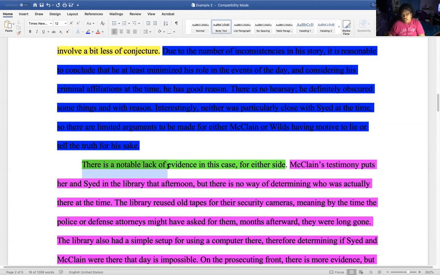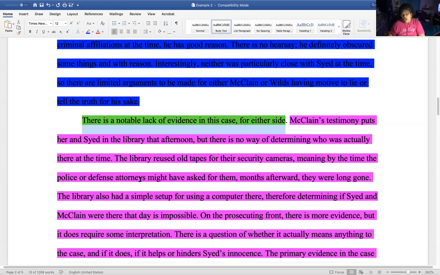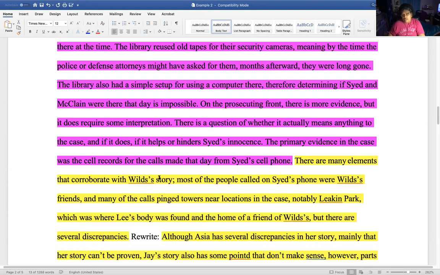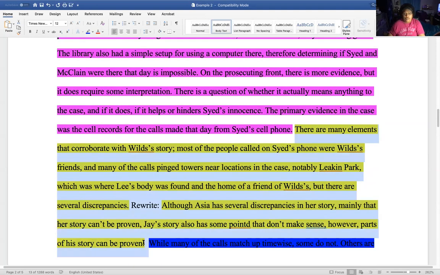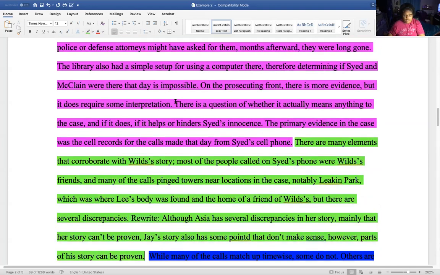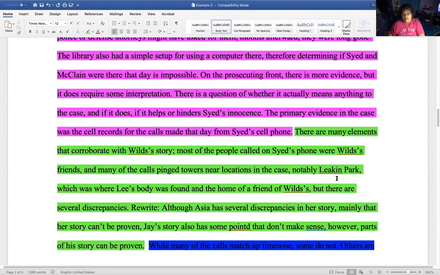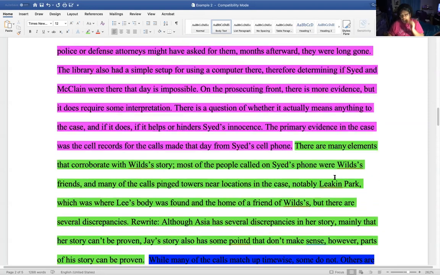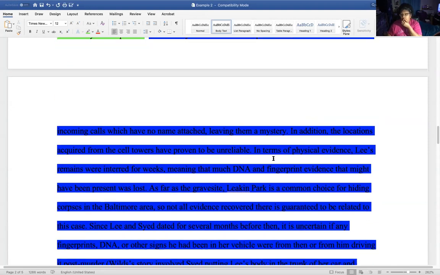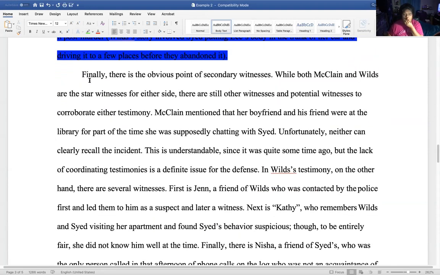Then you're going to talk about your second thing in your thesis with a topic sentence. Oh, wow. I made that the wrong color. And then you're going to write about your person. You see how it's pink and then it's blue? So it's Asia, then Jay, right? Again, structure, structure, structure.